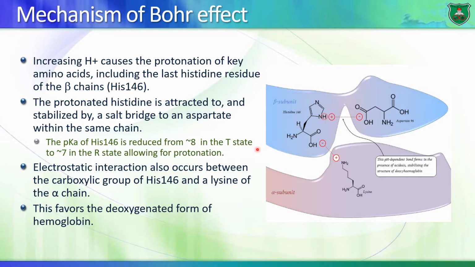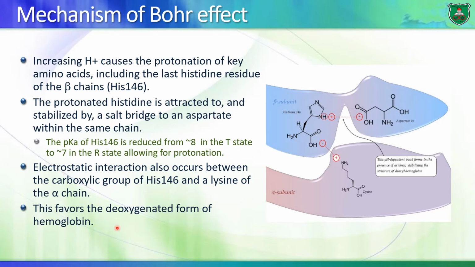So basically, let's say at pH 7.5, the hemoglobin would be mainly in the T state because it is protonated, it is charged, it forms this electrostatic interaction, but in the R state it is not, because it loses this proton easily, so it is not protonated, and it's primarily in the T state, not in the R state. Okay, now I hope that this is clear.